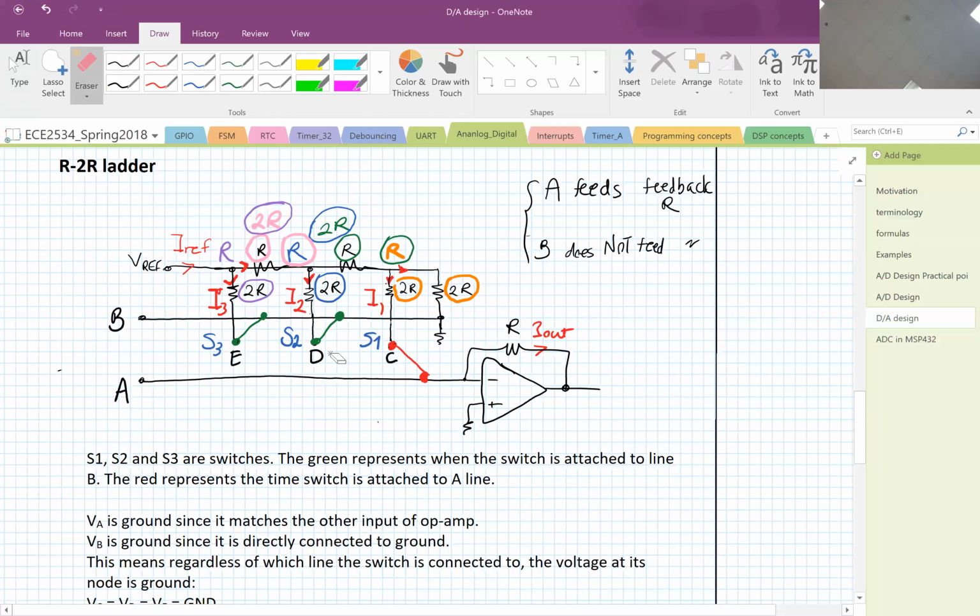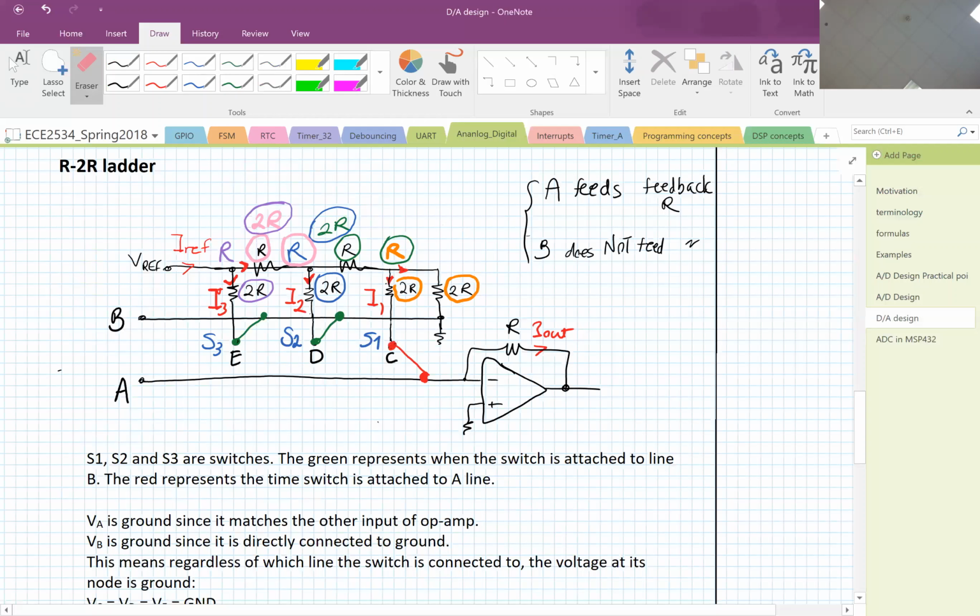And this switch, S2, is connected to the B rail, which means whatever current comes through this resistor is going to go to waste. It's not going to contribute to my feedback resistor. So whatever current goes through my feedback resistor should be a representation of my digital value. Therefore, any of my bits that are 1, I put them this way, and any of my bits that are 0, I put them that way.